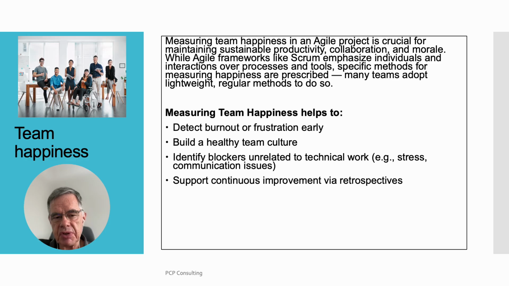Many teams adopt lightweight, regular methods to do so. Measuring team happiness helps to detect burnout or frustration early, build a healthy team culture, identify blockers unrelated to technical work, for example, stress, communication issues, and support continuous improvement via retrospectives.